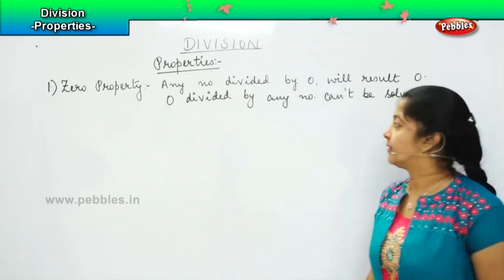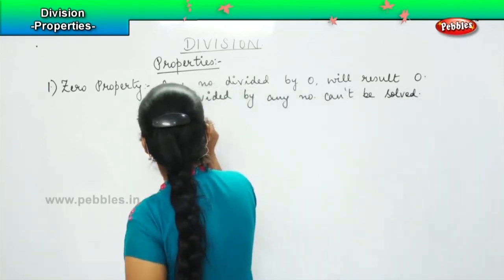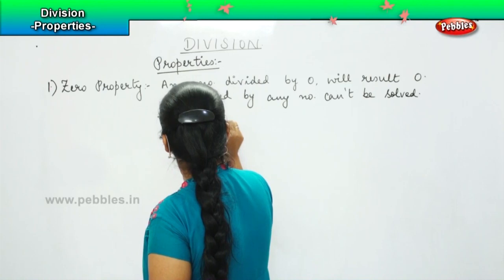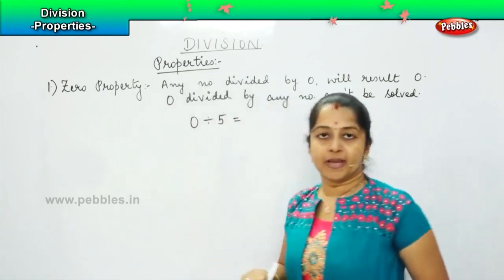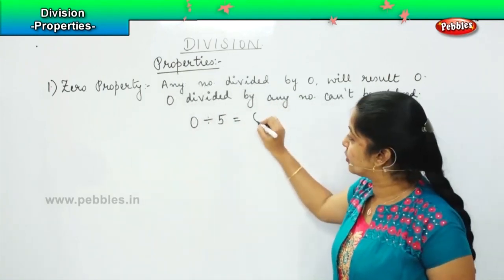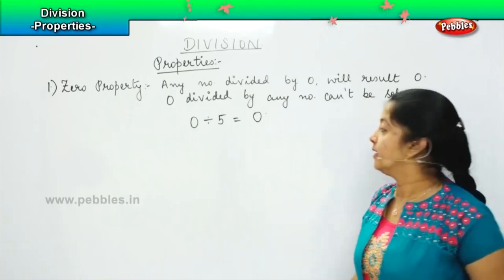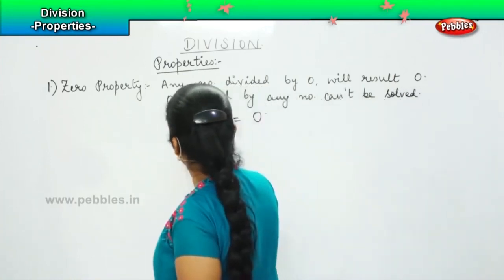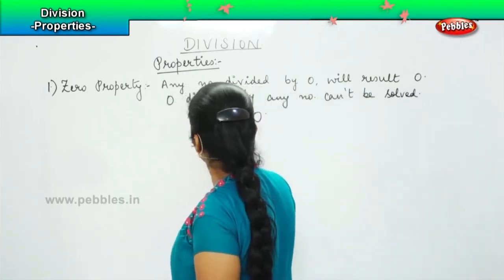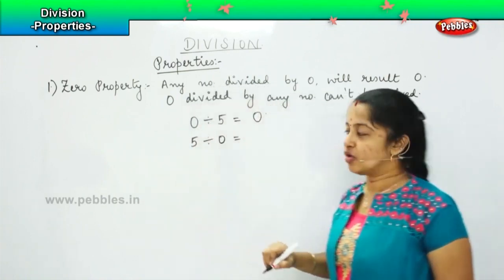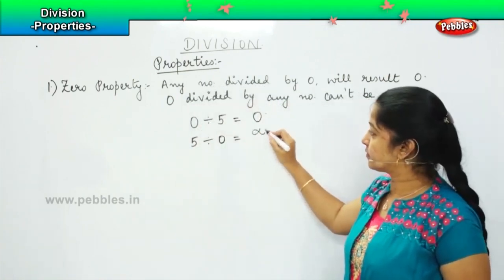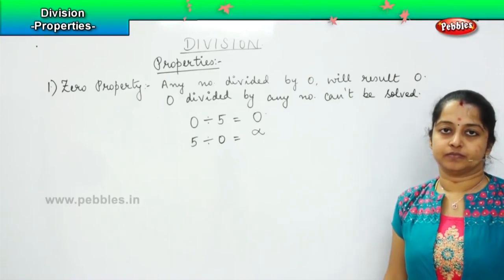So what do you mean by that? If I say 0 divided by 5, my answer is 0. Okay. Same thing, if I say 5 divided by 0, it is not possible for me to find the answer.